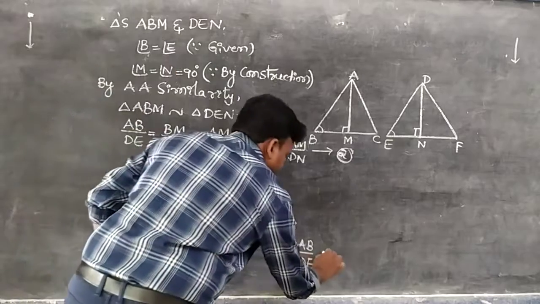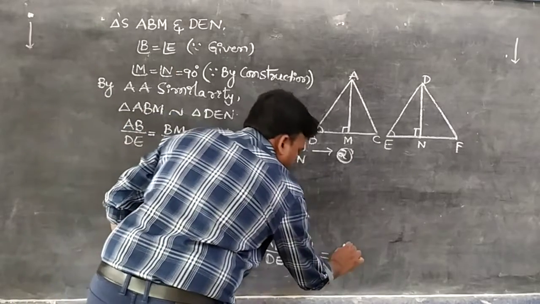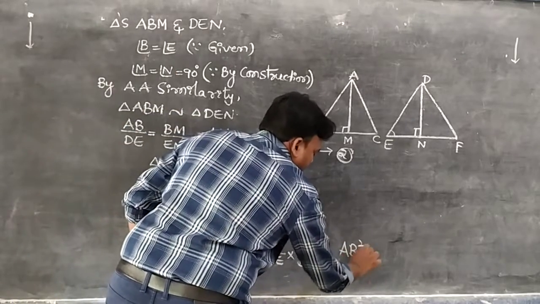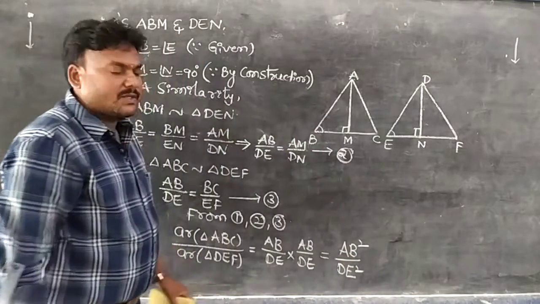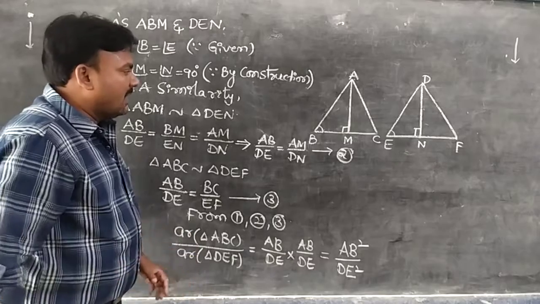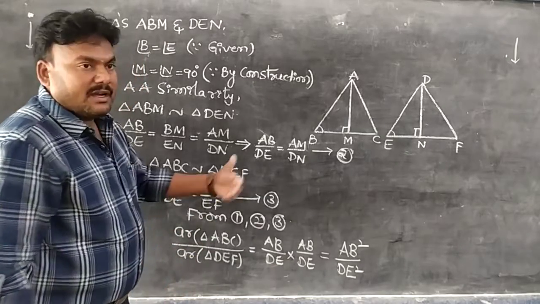That implies AB by DE into AB by DE, AB square by DE square. Okay, students. Similarly, we take the remaining also.